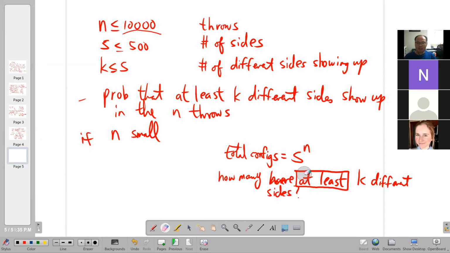So sometimes it's actually easier to ask not at least, but exactly k. And then if you can answer that, you ask the same question with different values of k: k plus 1, k plus 2, and then you sum them all up. So we're going to change the problem into saying, in how many ways can you throw n times and have exactly k different sides showing up?